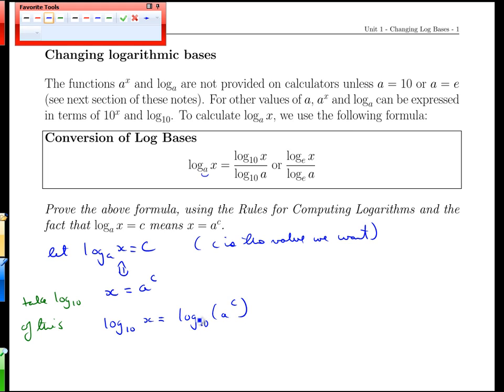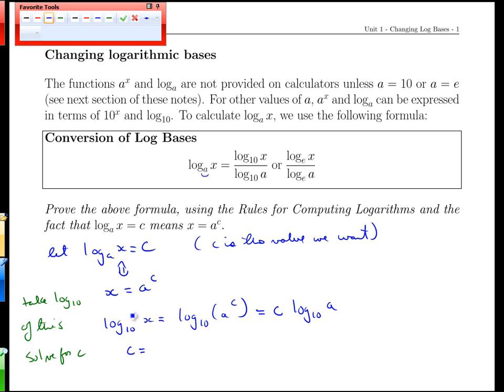Well, even though we don't have a log base a like we started with, we do have a log of some exponent, so we can actually use our third rule for logs to bring the c down front. So that can be c log base 10 of a. But remember, c is actually the value we are looking for. So if we solve for c, we're going to get exactly what we need.